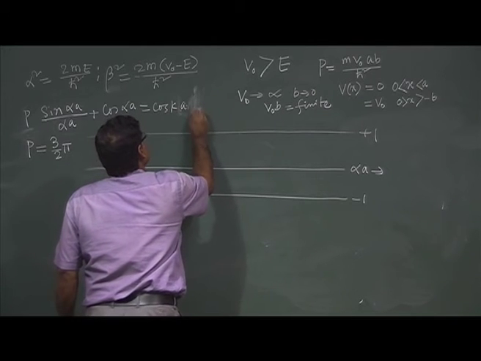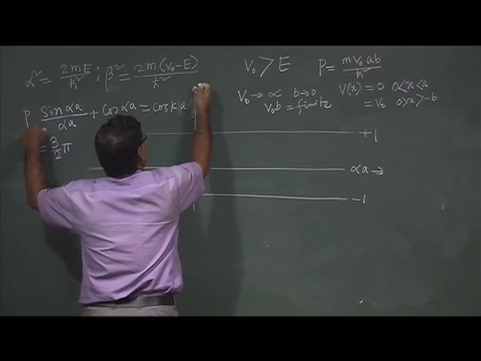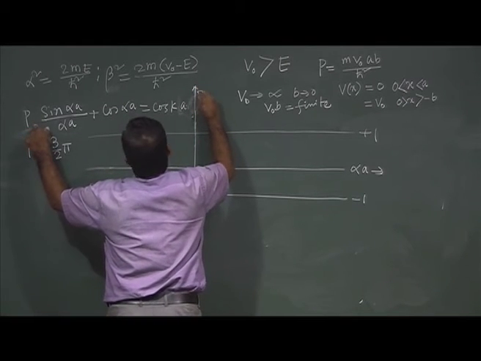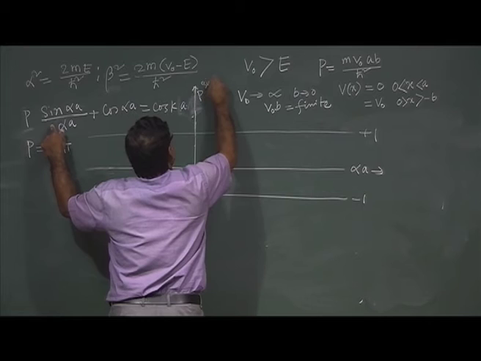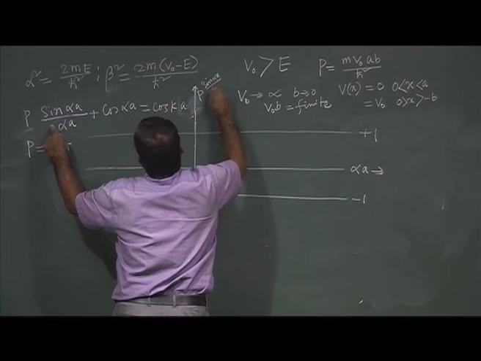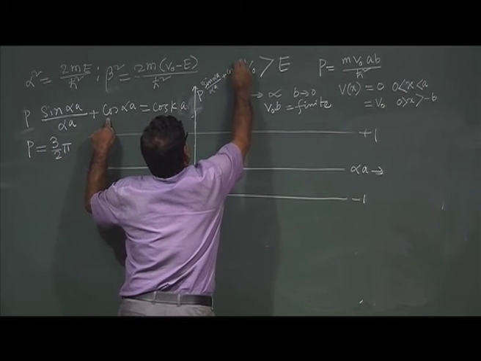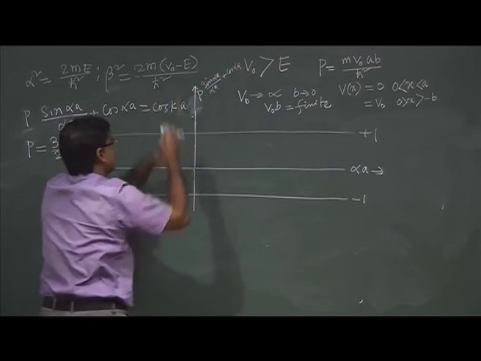So its value is here. This function along this axis is equal to p sin alpha a by alpha a plus cos alpha a, right. Along this we are plotting.